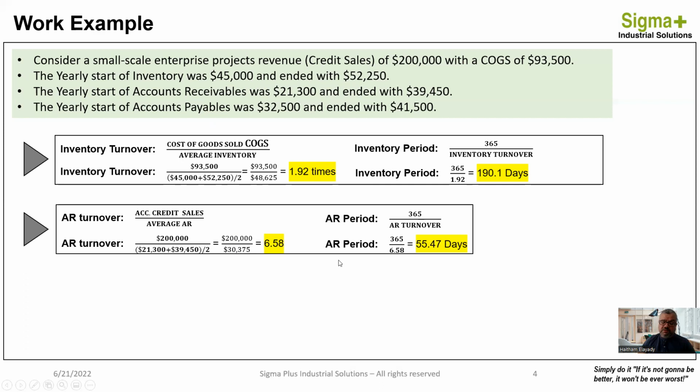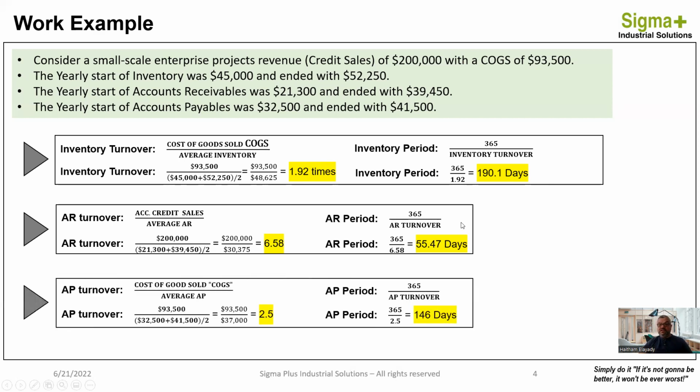And the accounts receivable period will be found by dividing the 365 days by the turnover, the 6.58, which is equal to 55 days approximately, which means that I'm getting my cash back every 55 days, which somehow looks good and healthy compared with the inventory period, which looks to me quite longer than required.